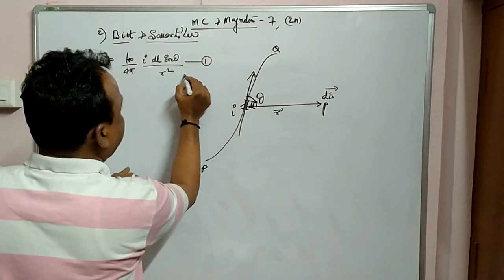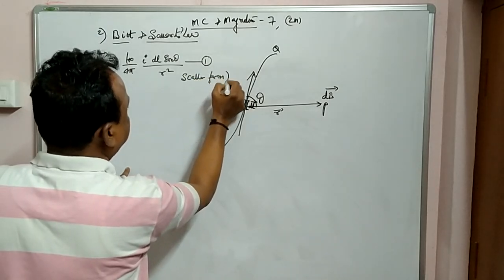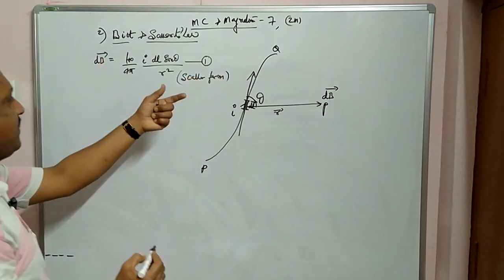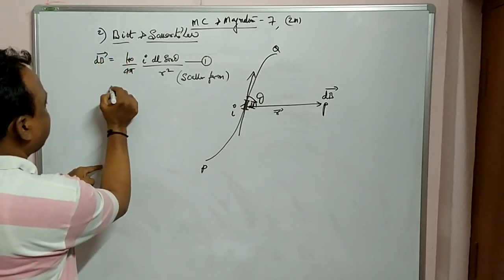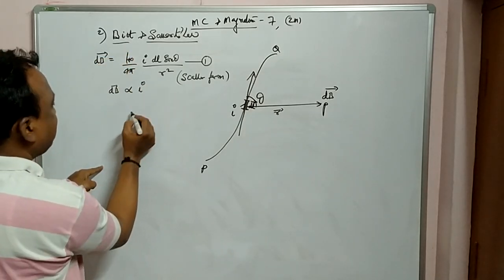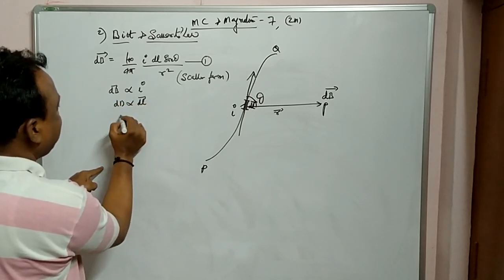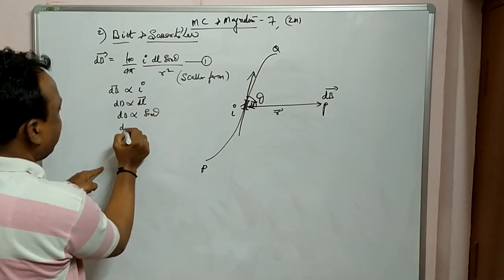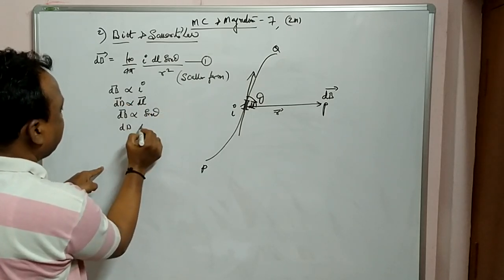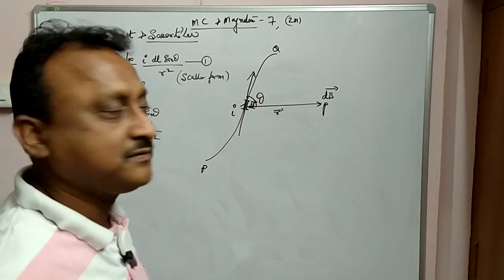But this is the scalar form. That means dB, the magnetic field induction, is proportional to I, proportional to the elemental length dl, proportional to sine of the angle, and inversely proportional to the square of the distance. See how many relations you have found out?